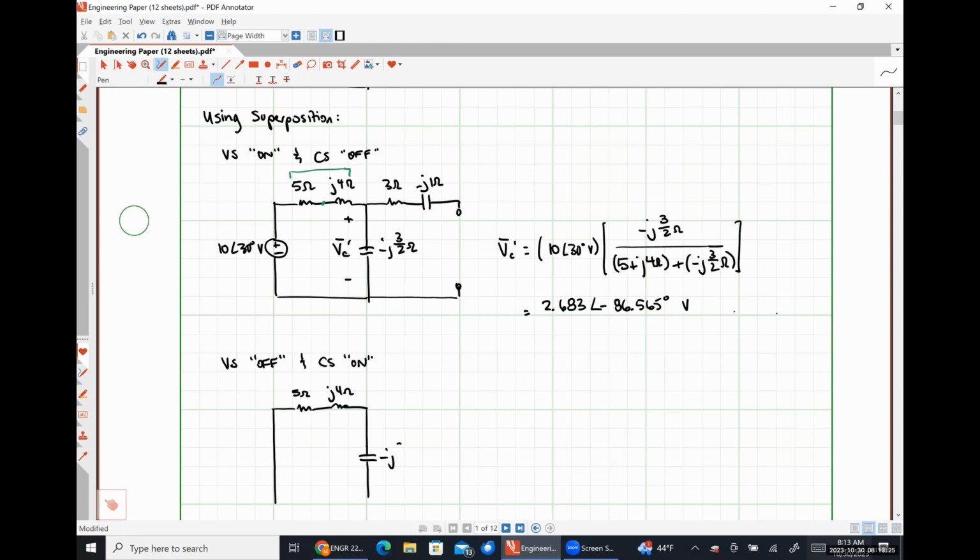Here is our minus j3/2 of an ohm capacitance. Let's call this VC double prime. Here's our 3 ohm resistor. Here is our minus j1 ohm capacitor.